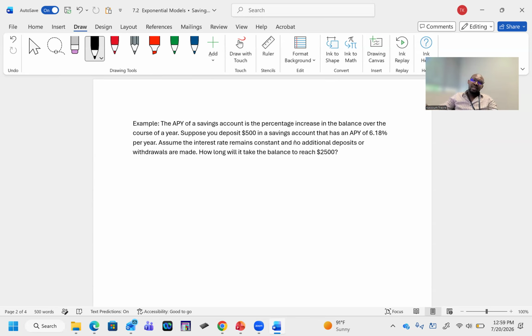This is the APY of a savings account. That's a financial model. The APY of a savings account is the percentage increase in balance over the course of a year. Suppose you deposit $500 in a savings account that has an APY of 6.18% per year.